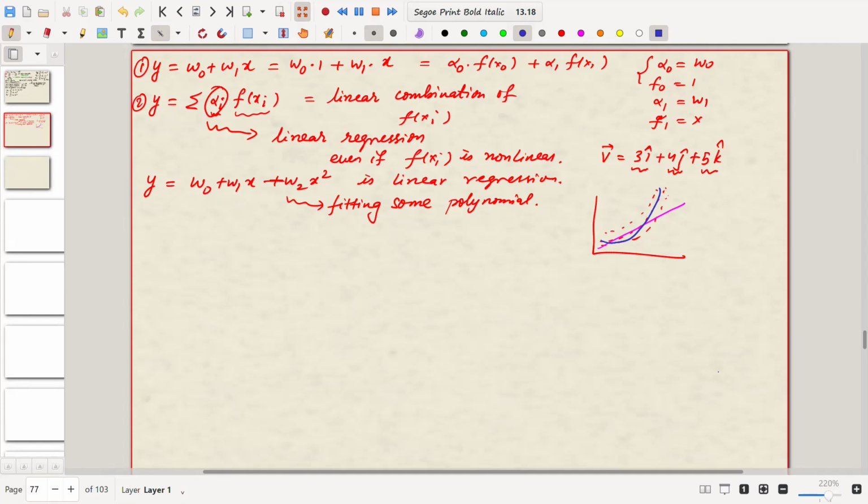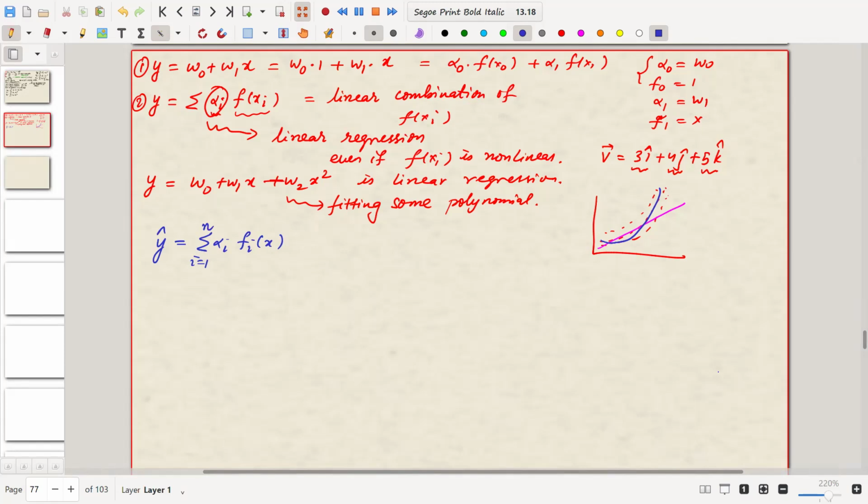In least square regression, the estimation function is a linear combination of basis functions f(xi). Y is a linear combination of f(xi). What is y? Y is an estimation function: given the independent variable, you are estimating the value at xi. So you can write the estimation function y cap as the summation of alpha i f(xi), i equals 1 to n.